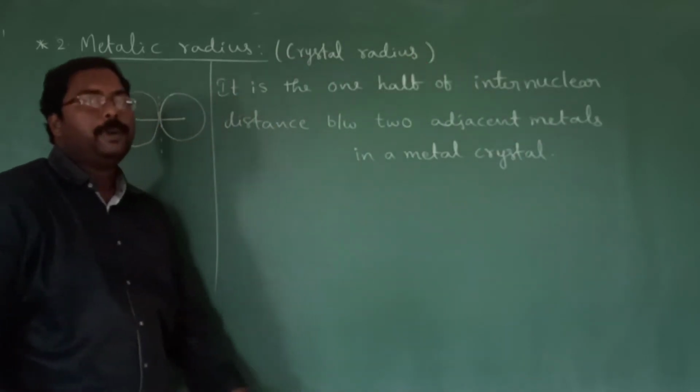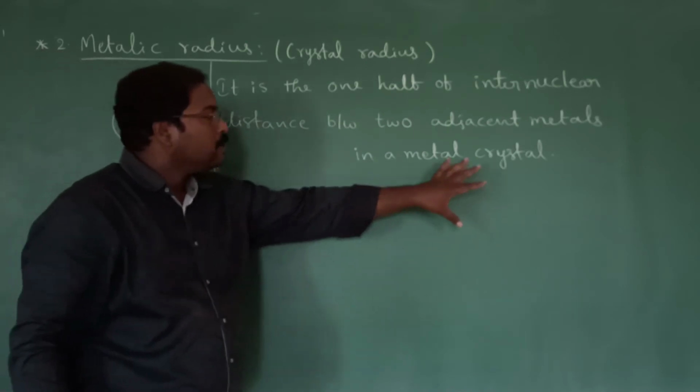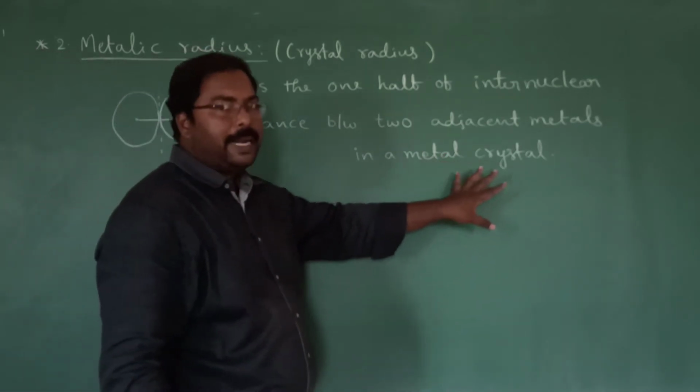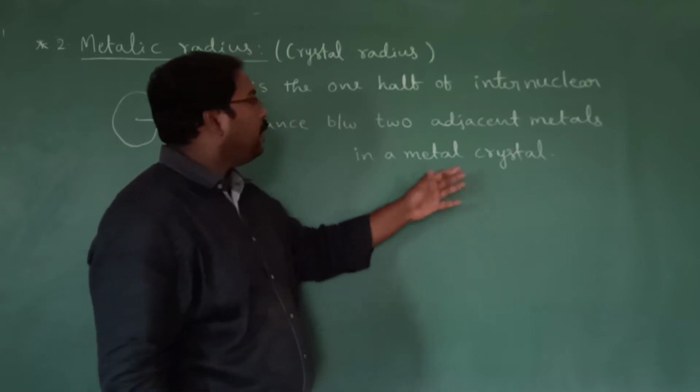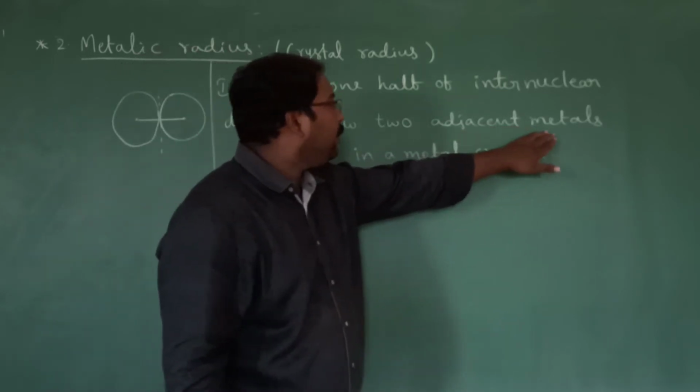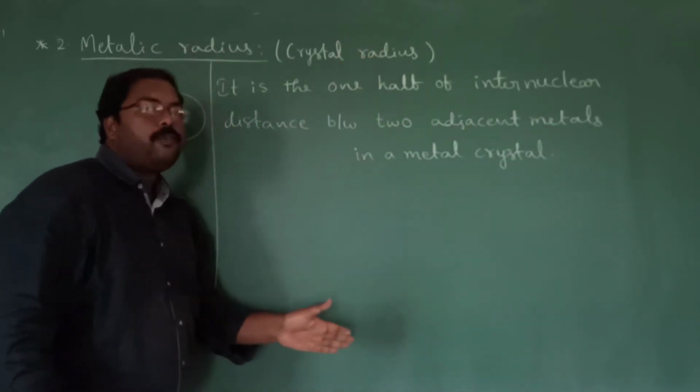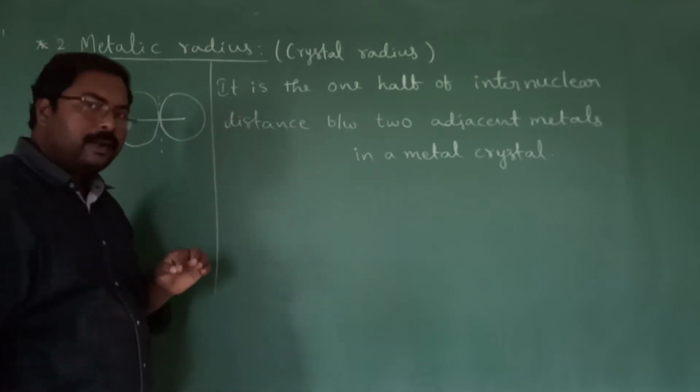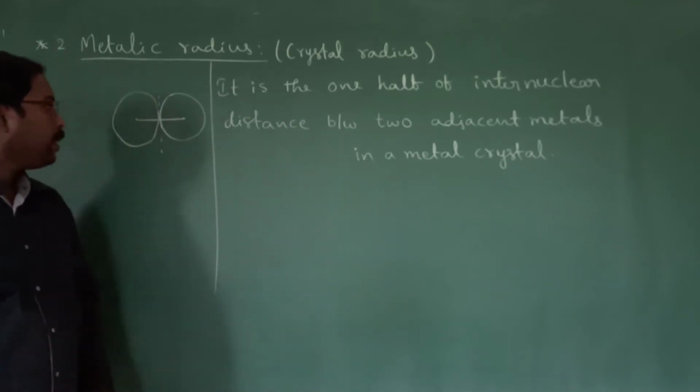Generally, we know metals will be in the solid state. So when they are in the solid state, nothing but a metal crystal, between the two adjacent metals, we are going to take half of the internuclear distance.